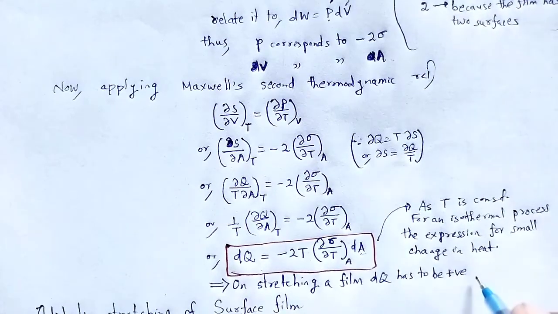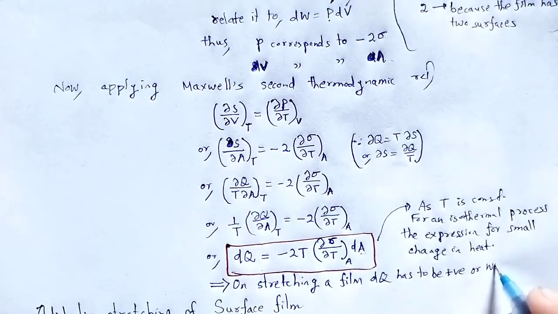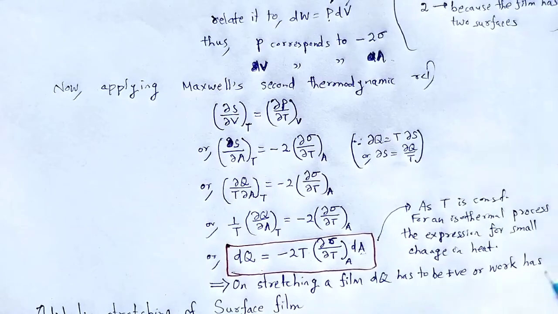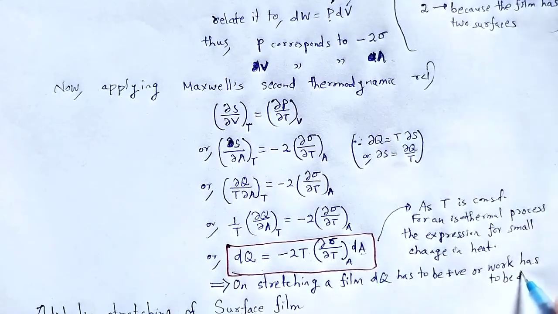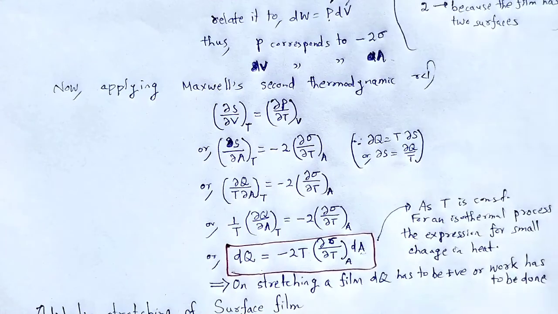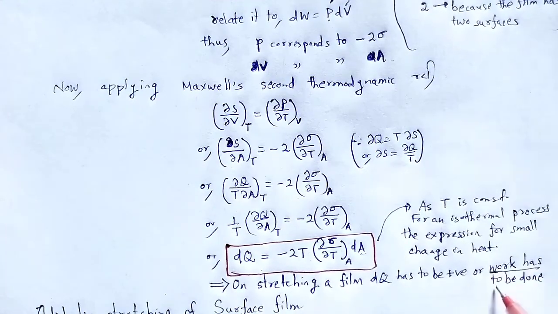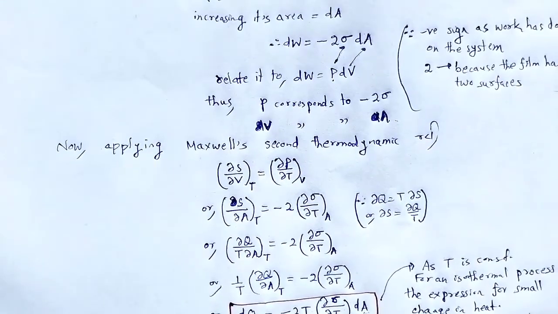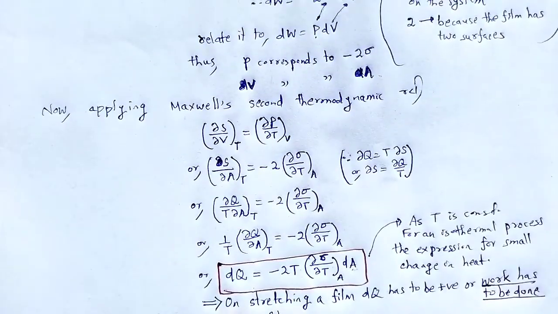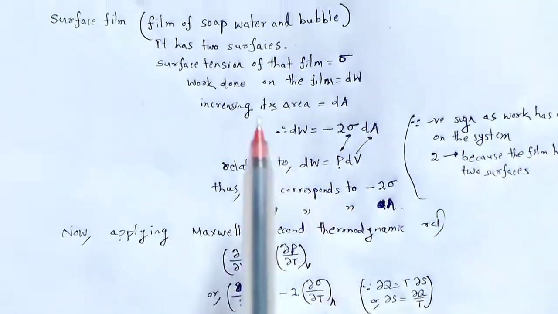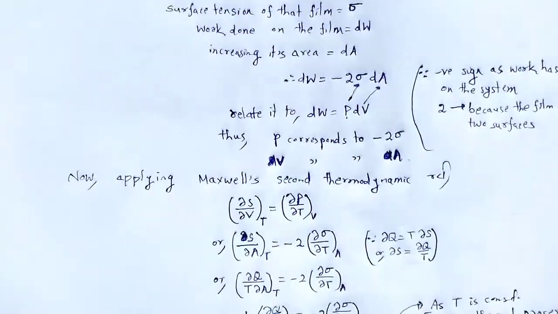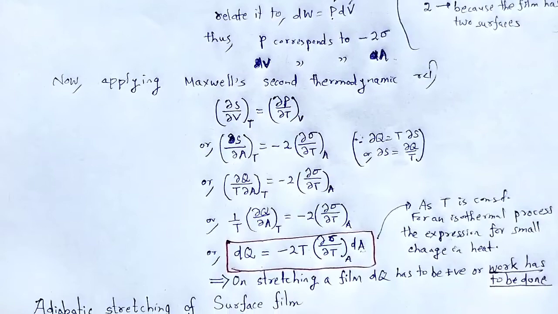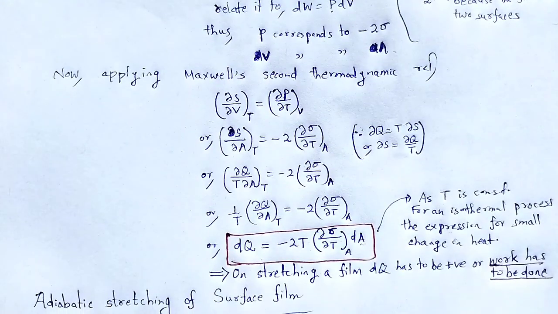Positive in the sense work has to be done, from isothermal stretching of film. On stretching the film isothermally, this is the isothermal stretching of that surface film. What happened? Work has to be done.